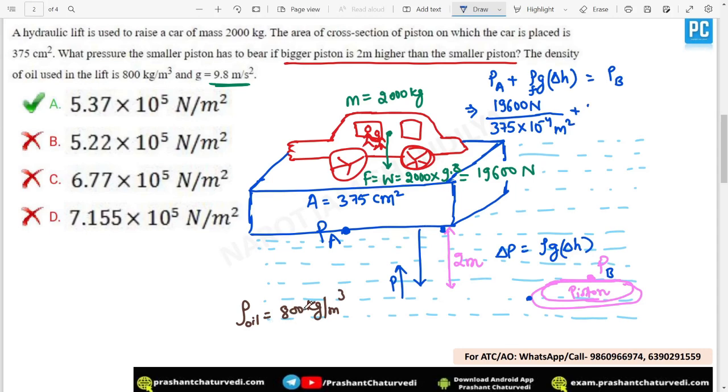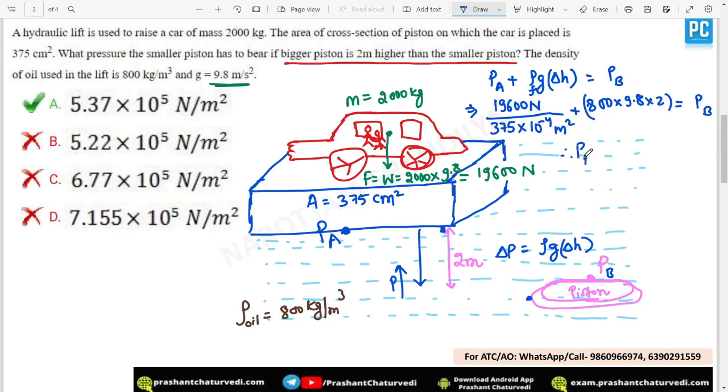Sir, if we have to convert that into kilopascal, we will directly write in the format of specific density that you already know. I had told you all the tricks and tips in the video lectures. So by default, this rho density we consider as 800. Rho g, we consider 9.8 into delta h, which is 2, and this will give you PB.